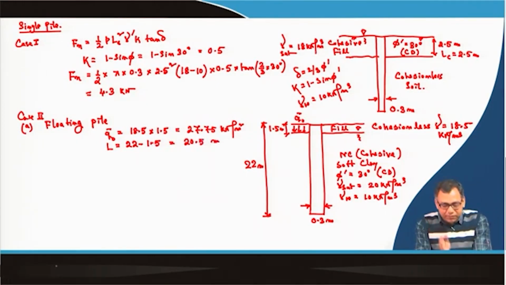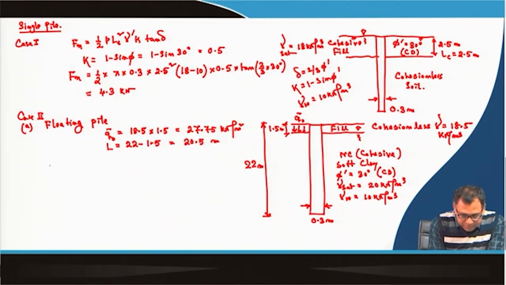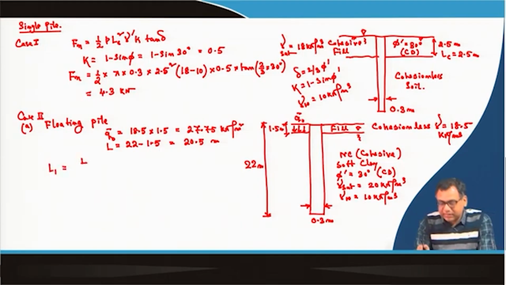So, now for floating pile we know the expression of L1 is developed. So, this is the case where the negative skin friction is due to the downward movement of the lower soil, that is the soft clay soil.